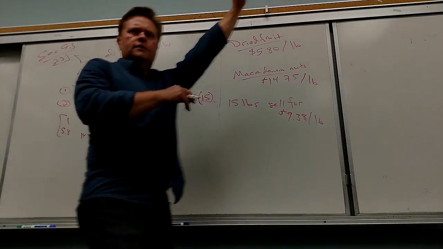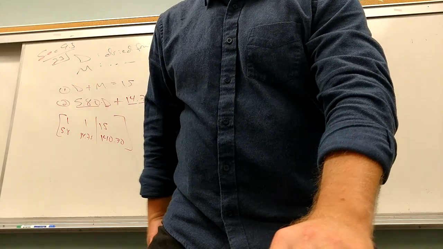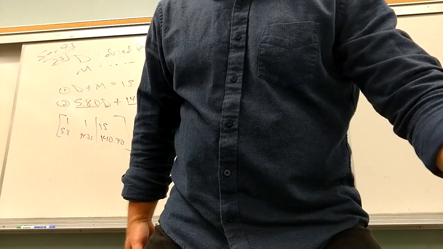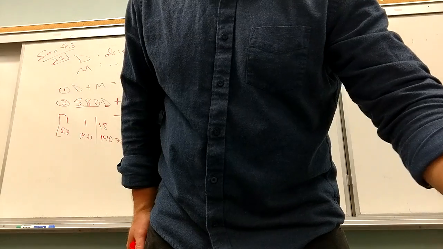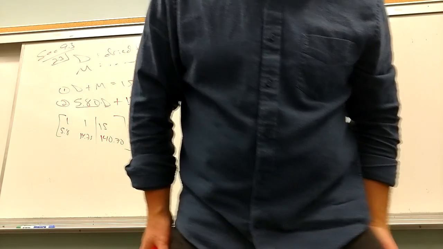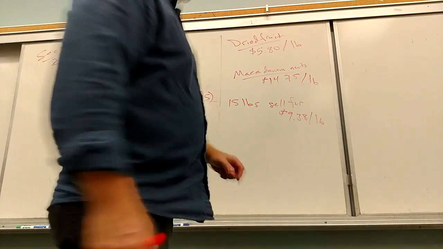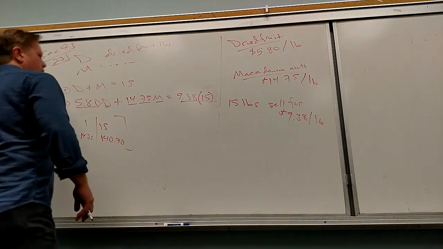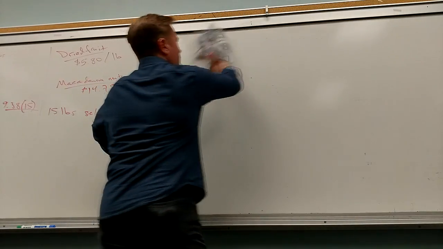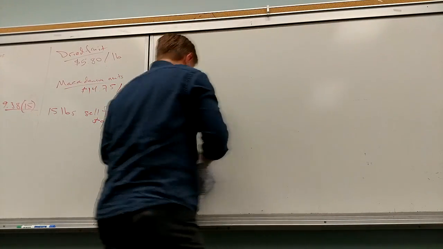Anything else from homework stuff? Yes. 9.2, number 9. Oh yeah, all right. So this is the 3 variable problem.